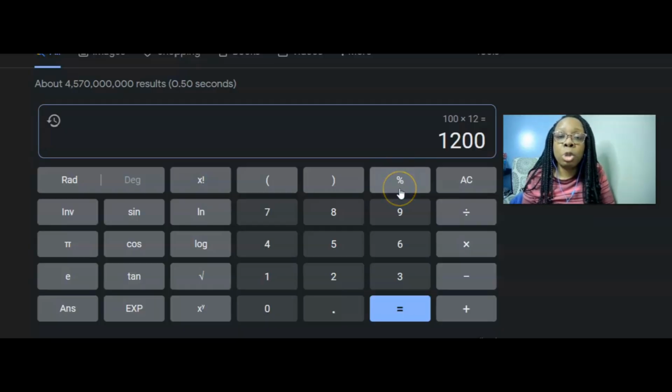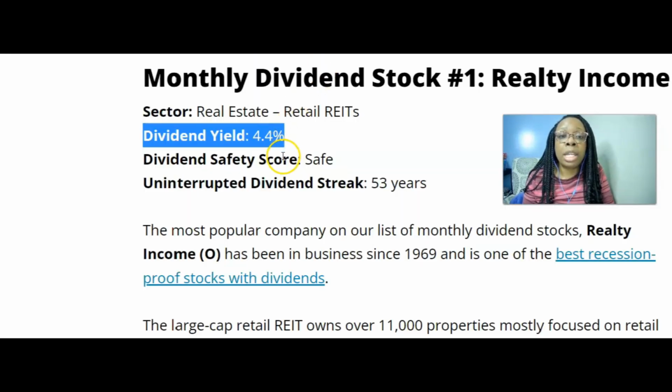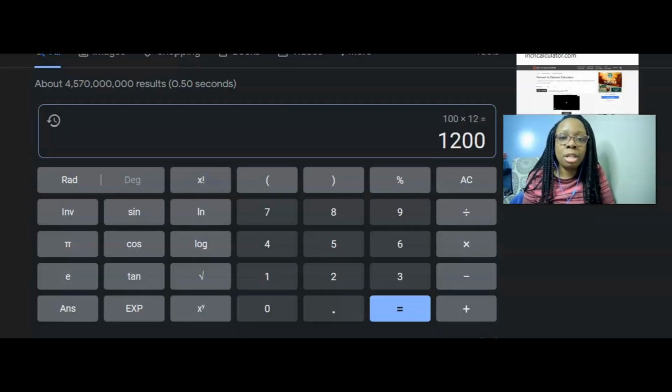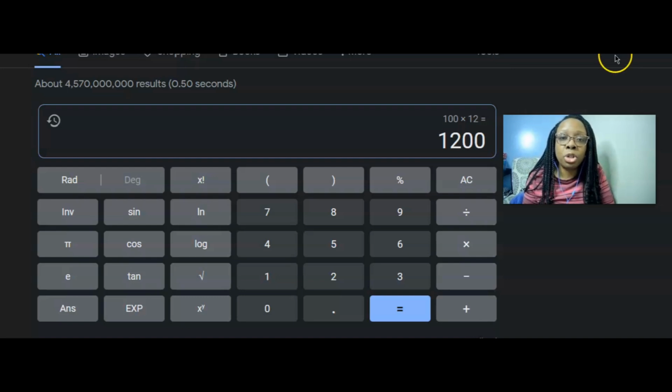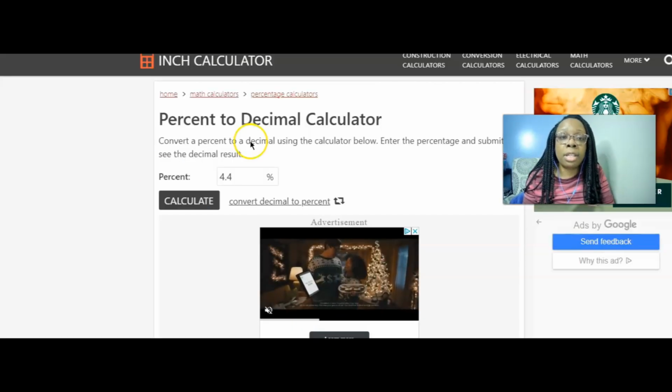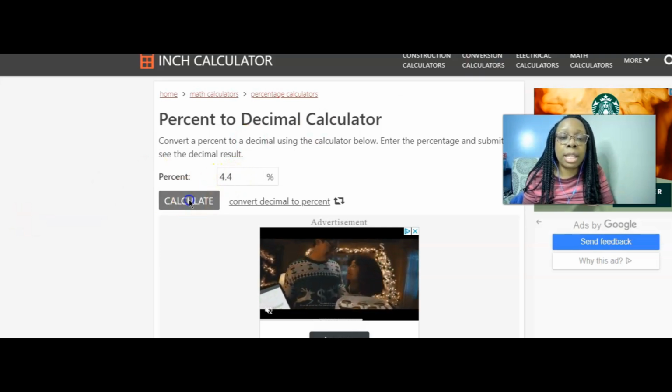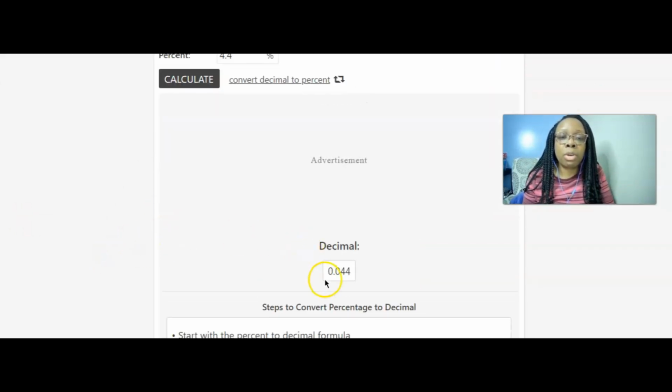So now that we have $1,200, which is the $100 a month that we want to make, we need to get 4.4% converted to a decimal, okay? There's many websites to do this. If you are really good with numbers, you can do it, but for beginners, I have a decimal website up here, so you can see 4.4% converted to a decimal is 0.044.